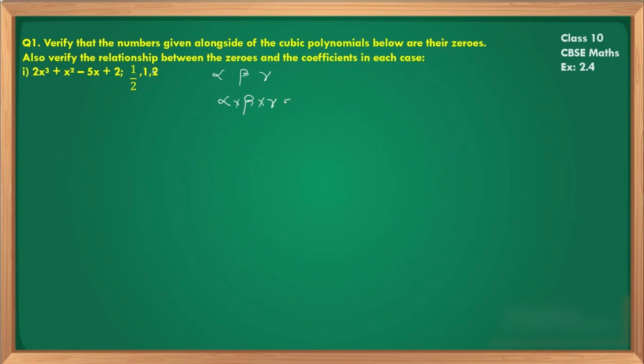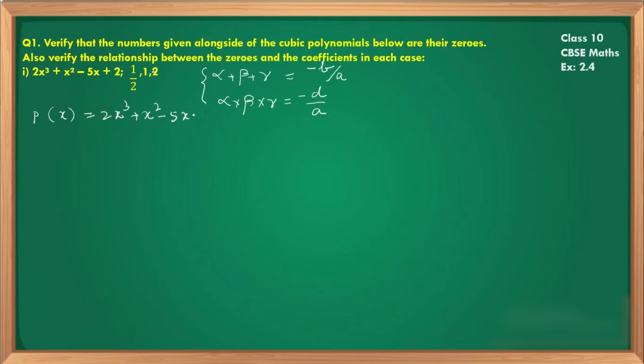This would be equal to minus d by a. This is the sum, right? This is equal to minus b by a. We must remember this.